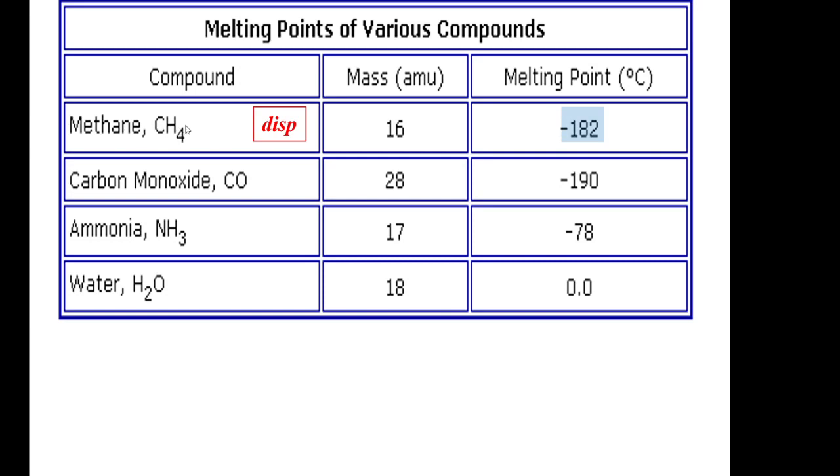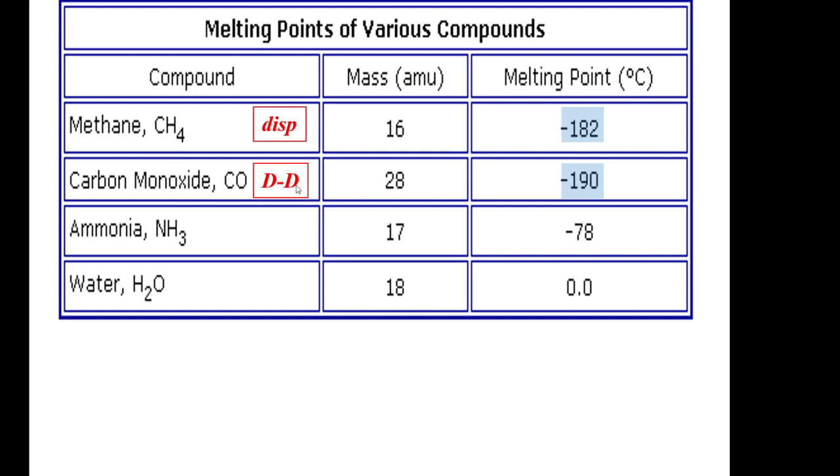Methane, which is CH4, that's London dispersion forces right there. That's what the DISP stands for. And you can see that it has the lowest melting point because, again, weakest forces, weakest IMFs, mean it does not take a lot of energy to actually melt that from a solid.